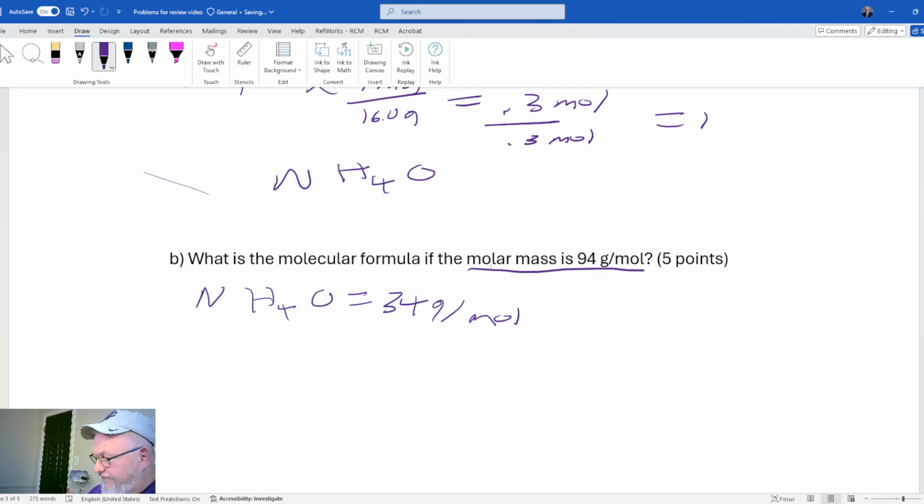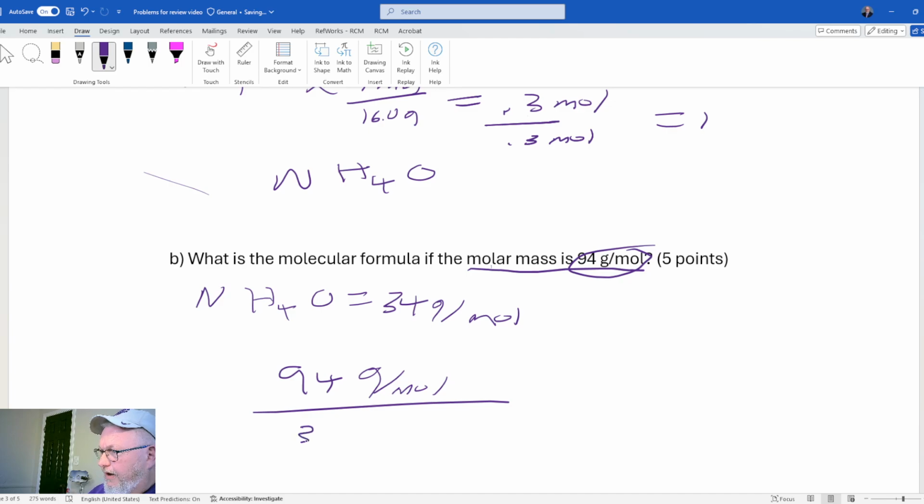Now I divide the molecular mass, 94 grams, by the empirical formula mass. They gave it to me; either you used an experiment and got it, or they're going to give it to you in a problem. That'll give me a factor.